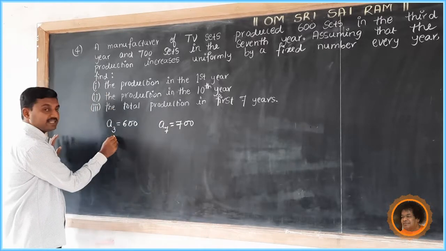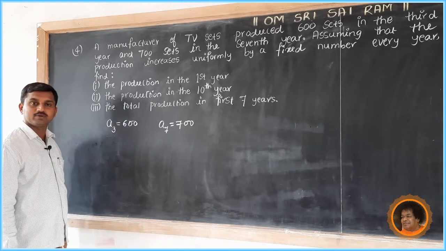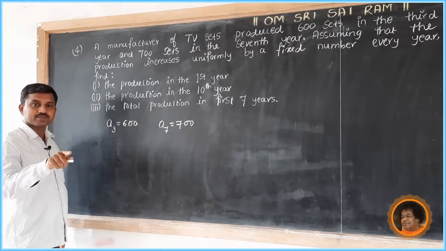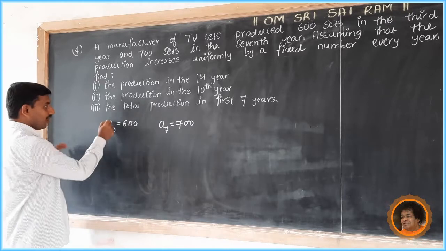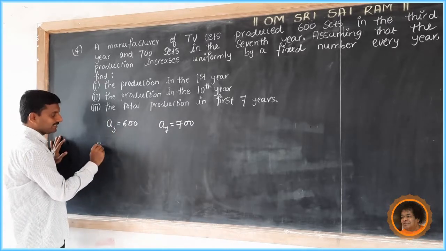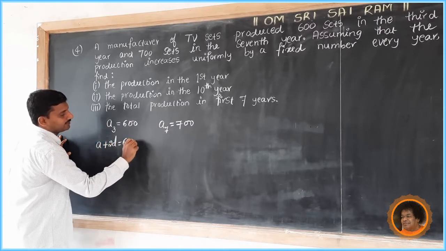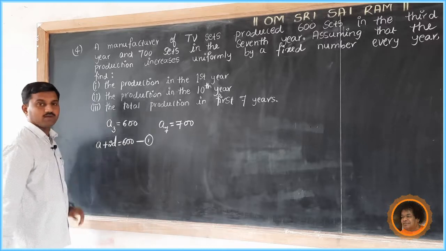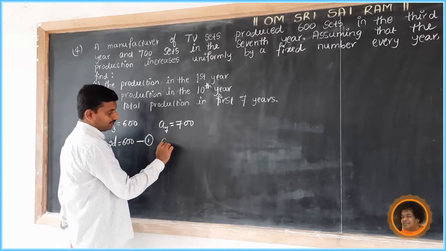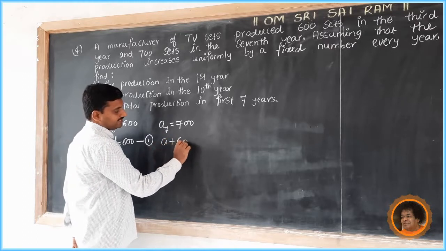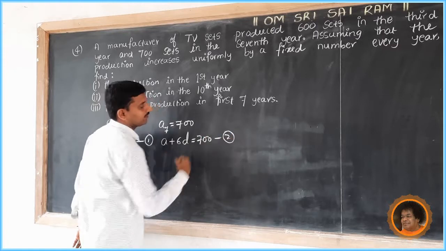Now, just recall the general form of the arithmetic progression: first term a, second term a plus d, third term a plus 2d. So a3 we can write as a plus 2d equal to 600. Let it be equation number 1. And how to write a7? The 7th term is written as a plus 6d equal to 700. Let it be equation number 2.